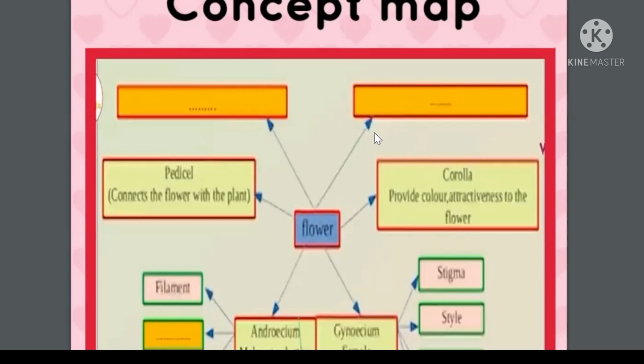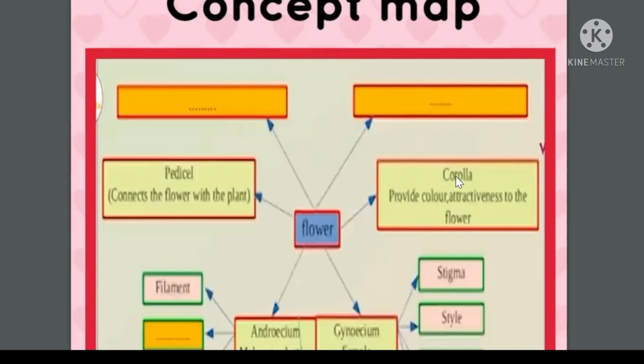We can add all the scientific concepts related to flower in this concept map, and we can develop this. Some are given for you. See, flower. Here it's given pedicel and its function also written here.